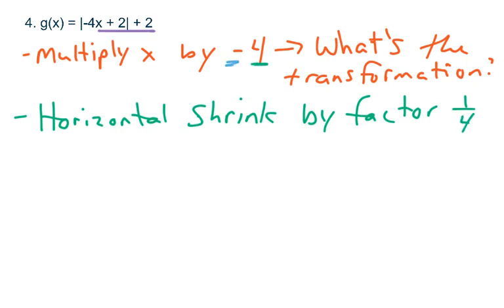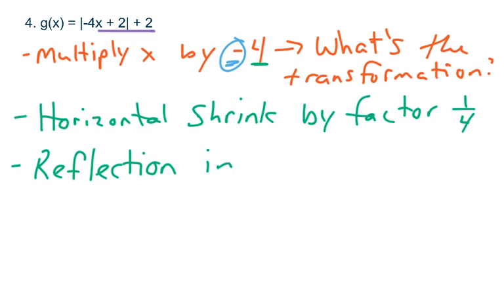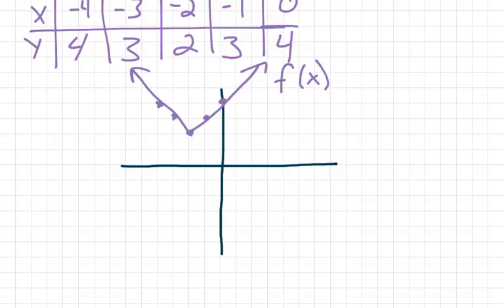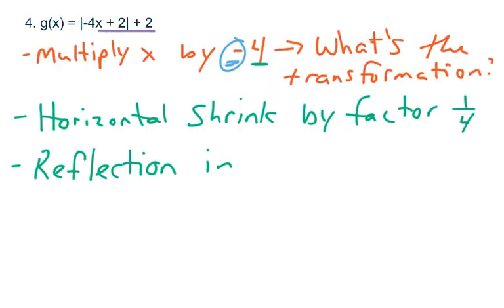What about this negative? If we multiply x by a negative, what I hope you remember is that is a reflection. Anytime we're multiplying by a negative, that's going to be a reflection. And this time, it's a horizontal reflection. And what line do I cross when I horizontally reflect? That would be the y-axis. So this is a reflection in the y-axis.